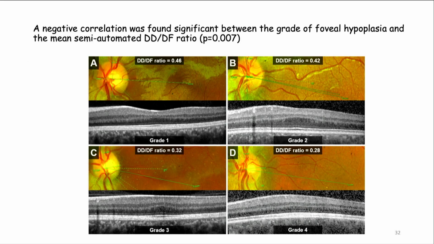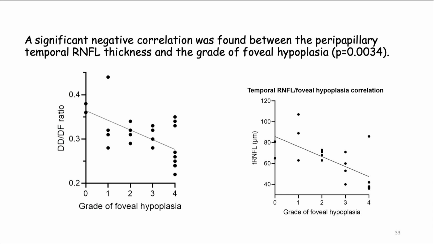There is a significant negative correlation between the grade of the foveal hypoplasia and the mean semi-automated ratio of the optic disc. And you can see here that when the grade is lower, there are fewer anomalies.